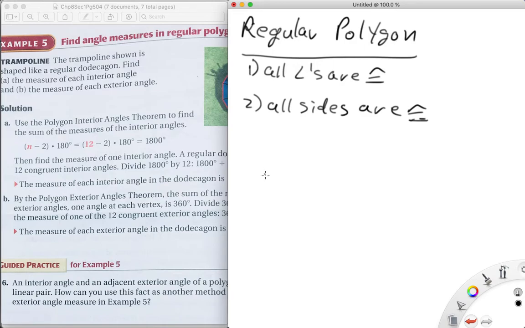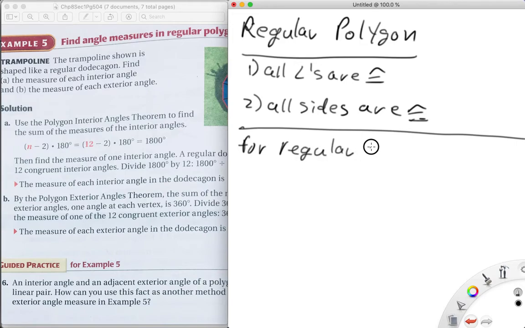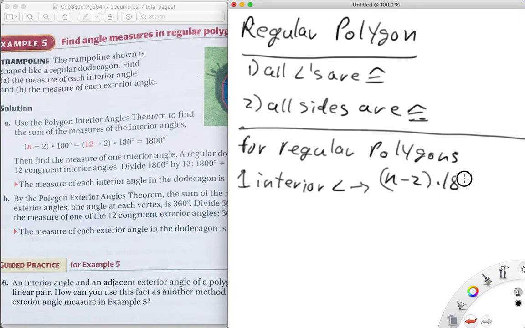Okay. So regular polygon, all the sides are congruent, all the angles are congruent, and that's really helpful if we want to find the interior angle of one regular polygon. For regular polygons, you can find the interior angle for one by dividing n minus 2 times 180 by the number of sides.